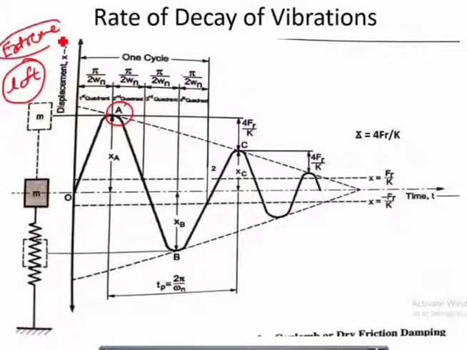So A is the starting point of the cycle, or the extreme left position of the mass M. And let us say the point B, this point B here, is the extreme right position of the mass.